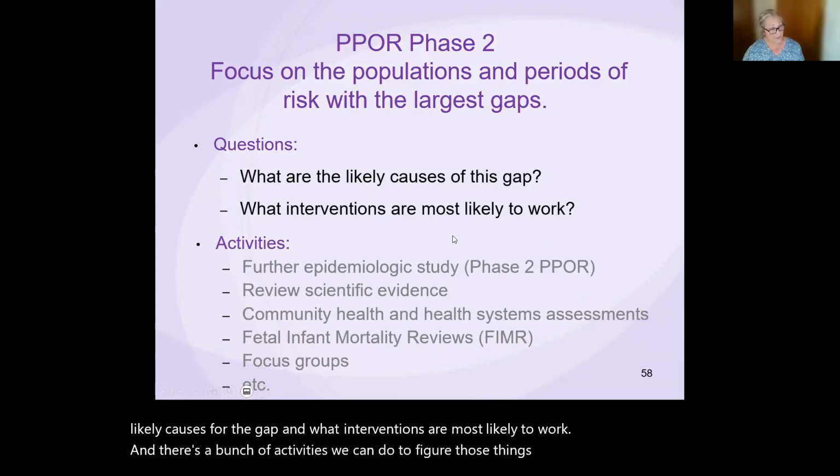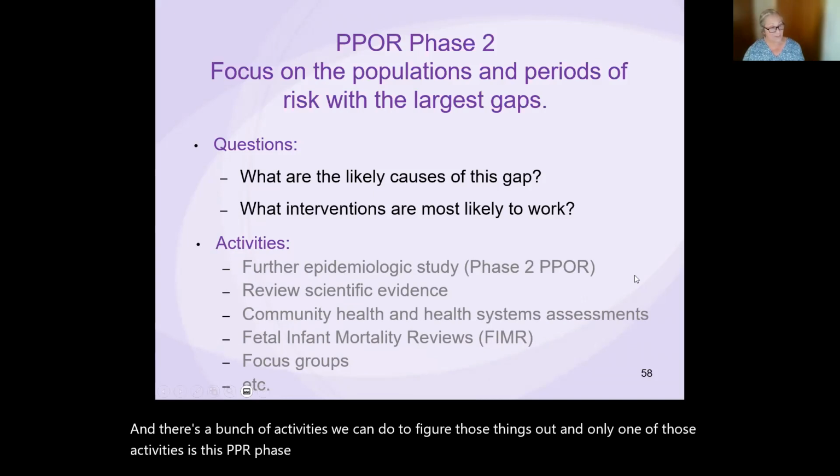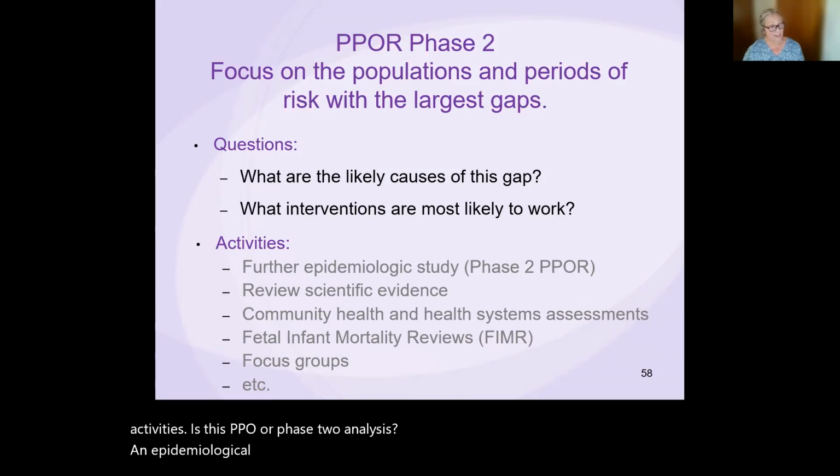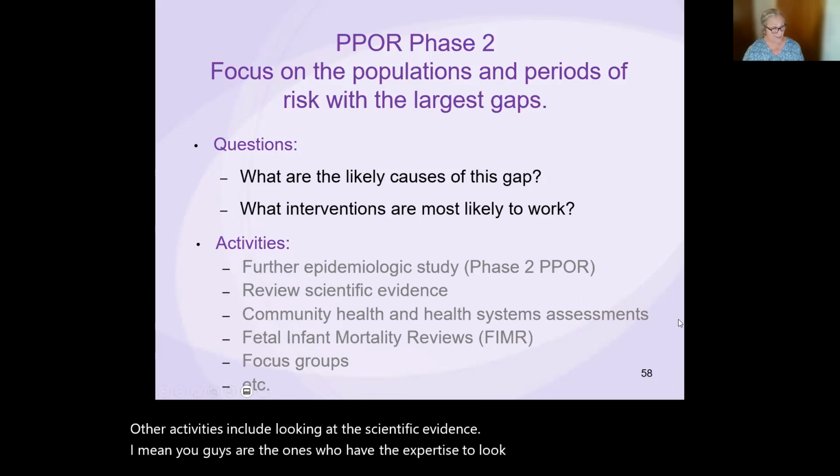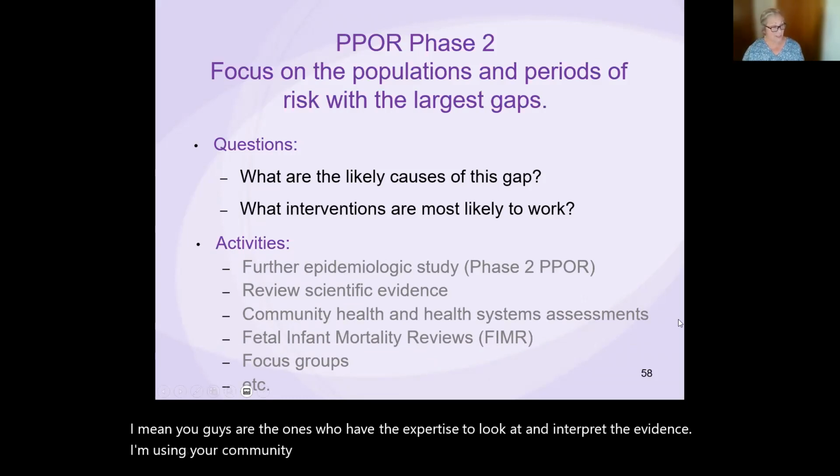And only one of those activities is this PPOR phase 2 analysis and epidemiological study. Other activities include looking at the scientific evidence. And you guys are the ones who have the expertise to look at and interpret the evidence. Using your community health and health systems assessments that have already been done, the CHIPs and the CHAWs.